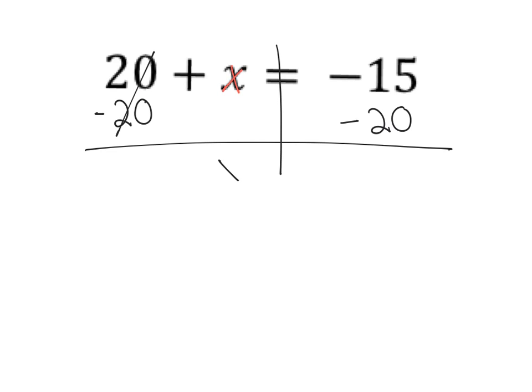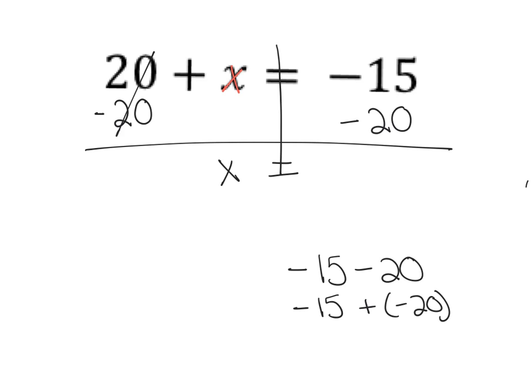These are going to cancel out. You're going to be left with x equals, and then we have to think of this as negative 15 minus 20. Which we can look at this way, negative 15 minus 20. We could rewrite this as negative 15 plus a negative 20, which will give me a negative 35.